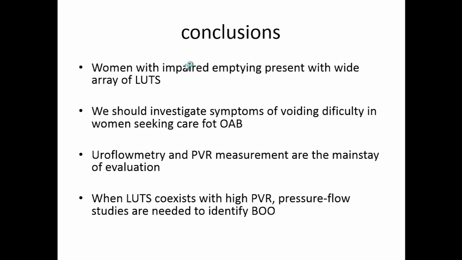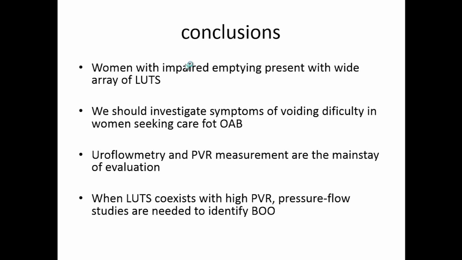So, in conclusion, women with impaired emptying present with a high array of LUTS, and mostly in the storage range, not in the voiding range as we would suppose. It's very important to investigate symptoms of voiding difficulty in women seeking care for overactive bladder.